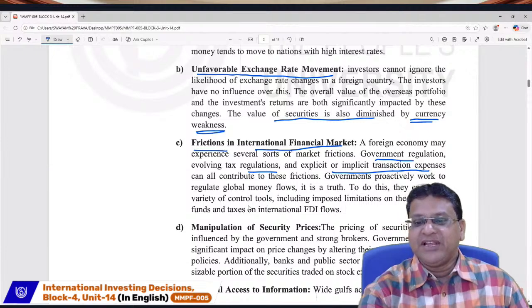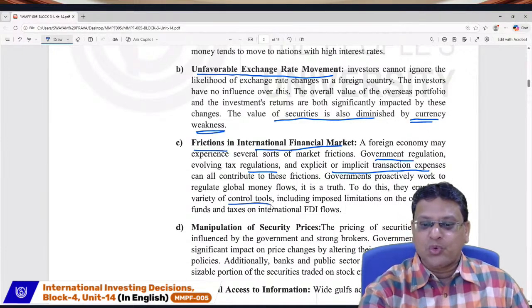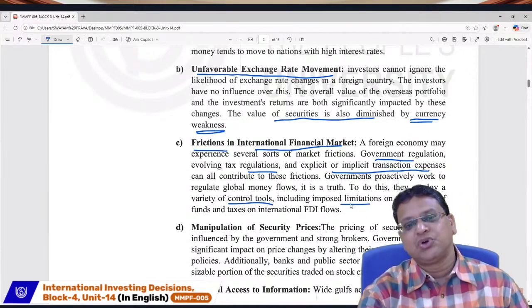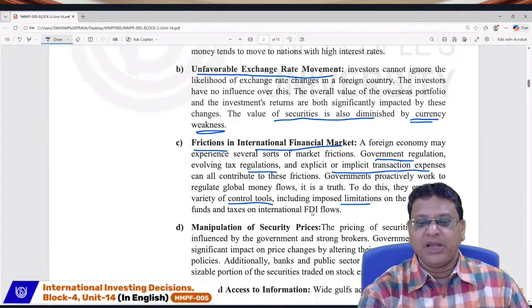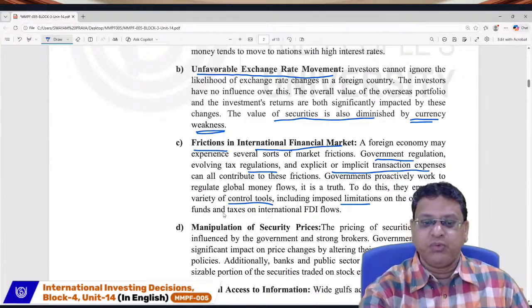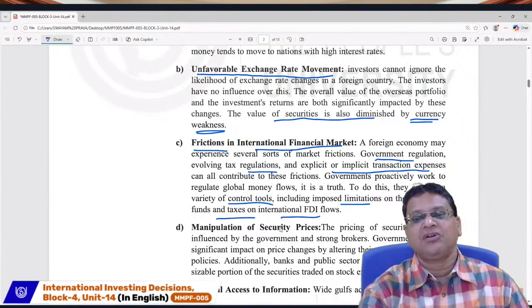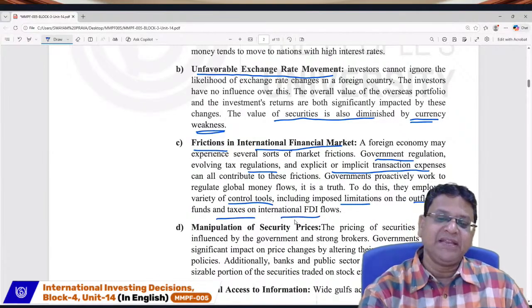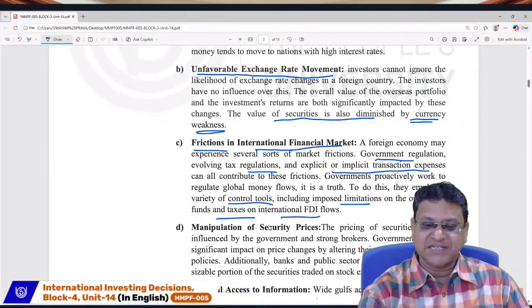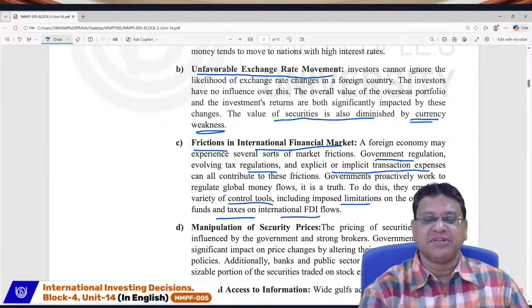There can be various types of control tools imposed on foreign returns and the outflow of funds, and taxes on international FPI investments, and this puts a restriction on international investment.